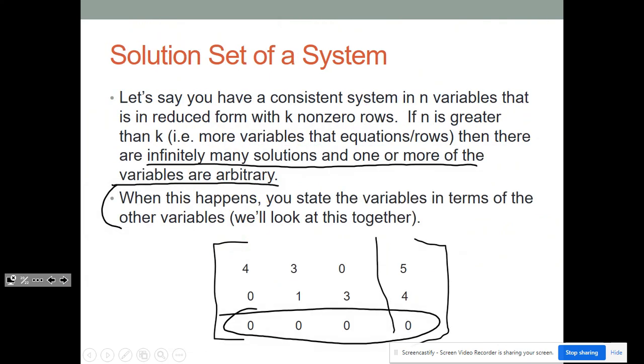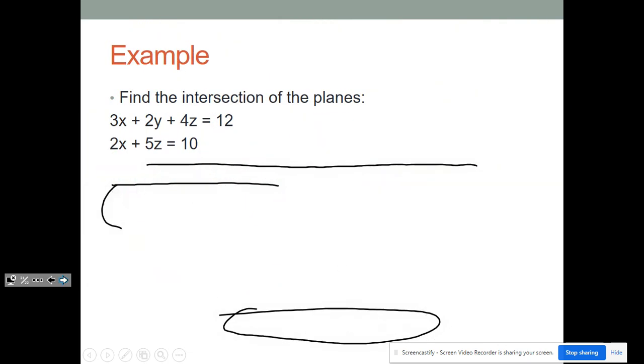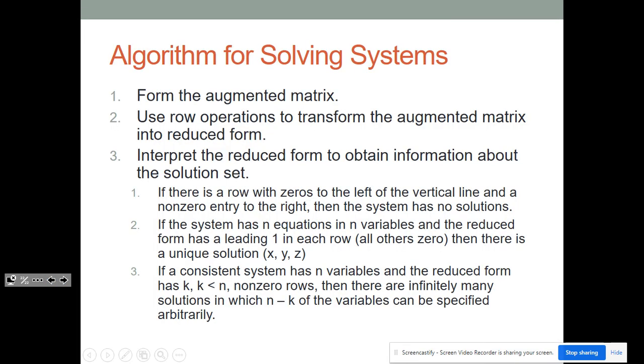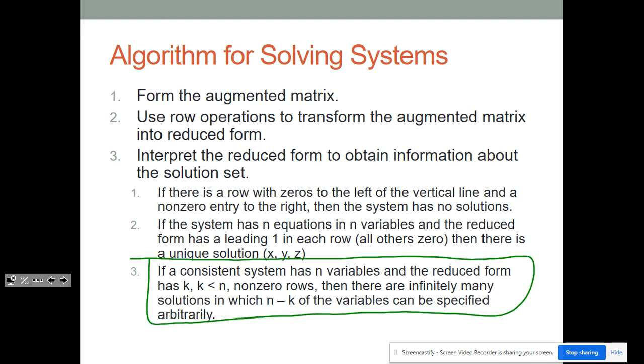So I've got one other thing just to finish with. Okay, so notice what this says, n variables, and we reduce it down, and we have fewer rows than variables.